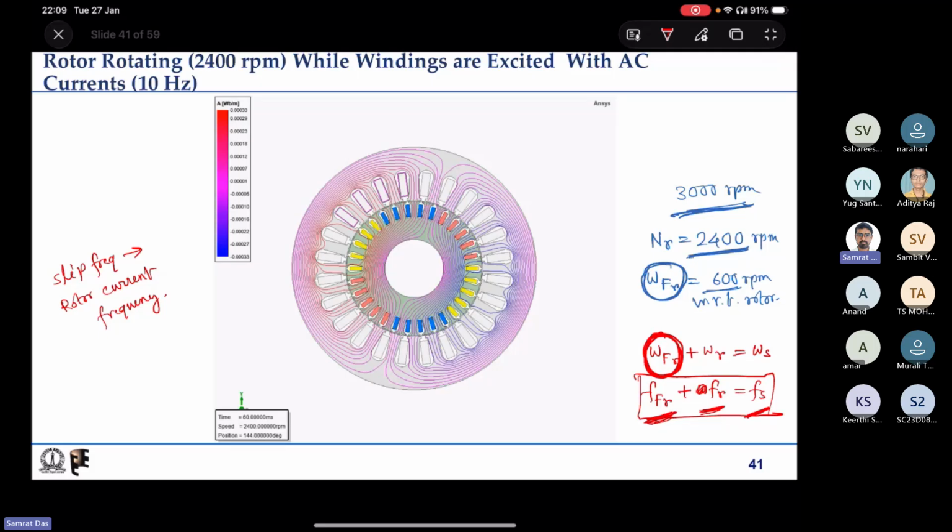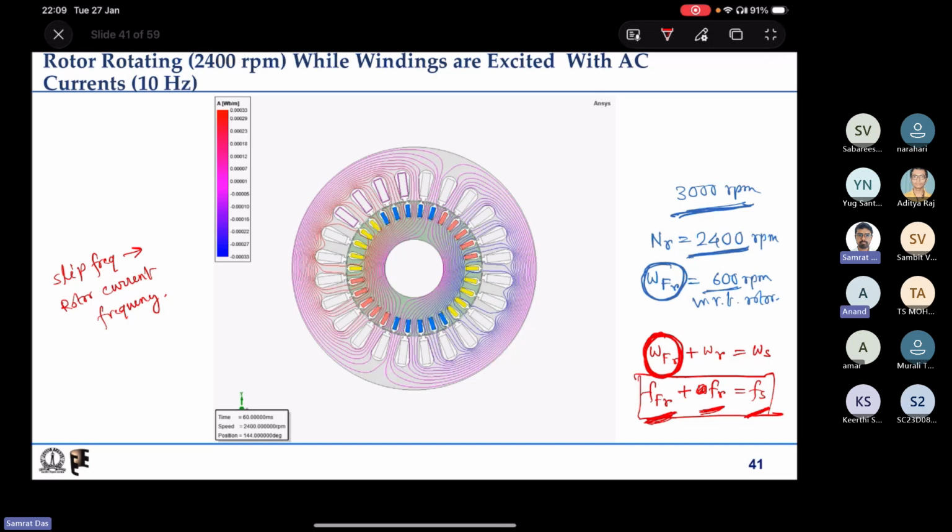So as of now, I am giving some excitation in the rotor. Next we'll ask, do we actually need to give that excitation, or can we get the same phenomenon happening naturally, without giving any physical excitation from outside.